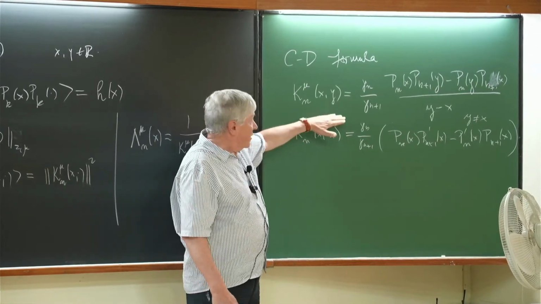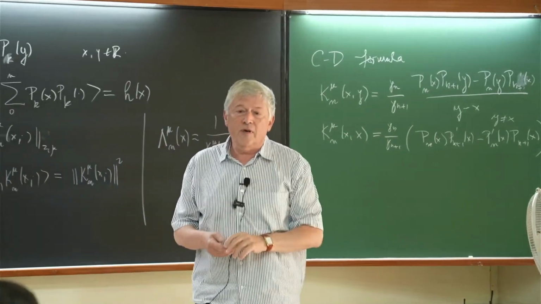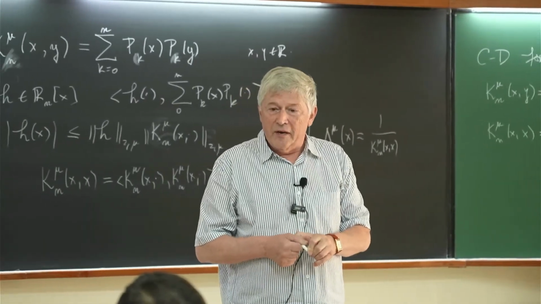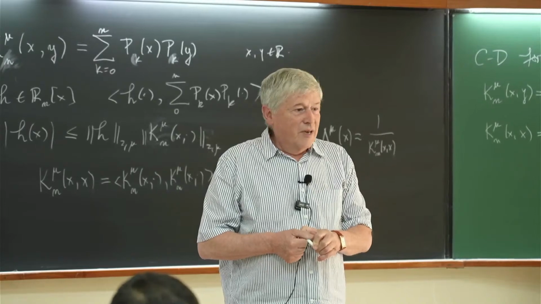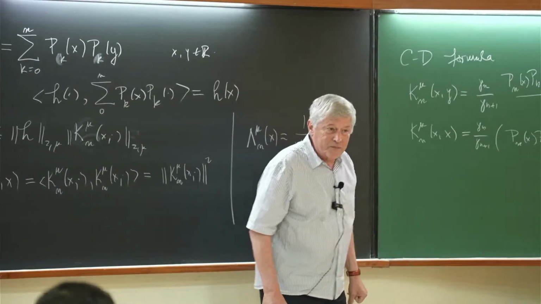So here it is, something really deep, and this was one of the first papers of Christoffel he published. He was very young in Berlin, student of Dirichlet, and this was one of his first contributions.